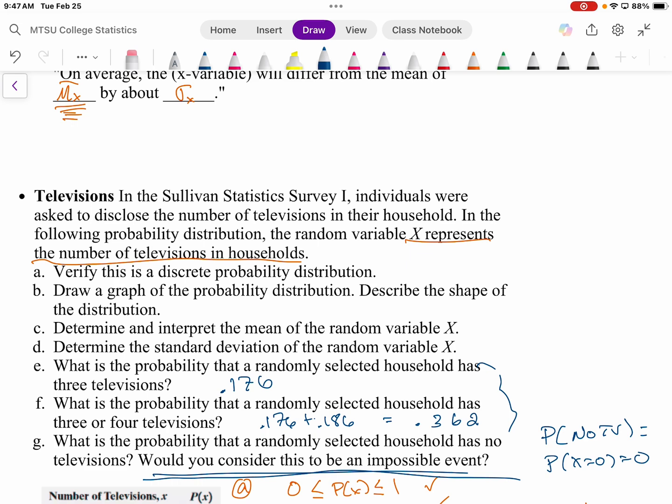Later on in hypothesis testing, in those chapters after spring break, we have 3 percentages we focus on: 1%, 5%, or 10%. So the situation will change based on the context of those problems, on whether we classify something as unusual or not. But for right now, we're going to use 5% starting tomorrow. And for today, I would say no, it's not impossible. Just because it's zero doesn't make it impossible.